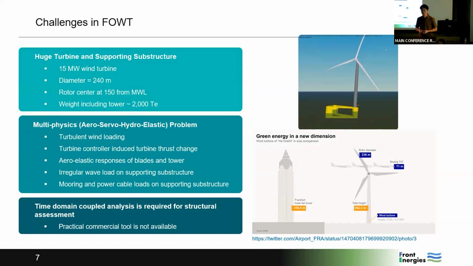The motion analysis is okay. We can do the time domain analysis, but they require that the structural analysis also be in the time domain. When we started this study, there were very few commercial software packages doing time domain analysis. They could do time domain analysis in structural analysis, but it was not practical.